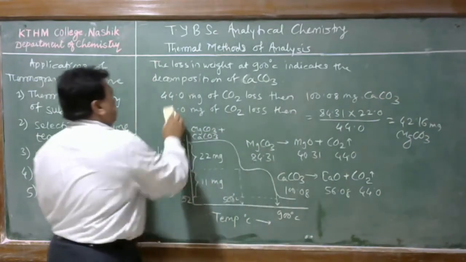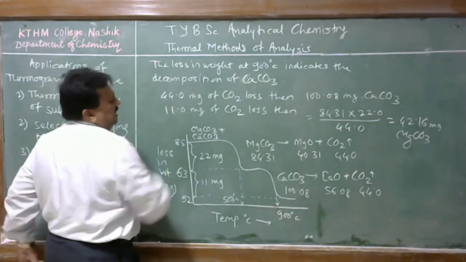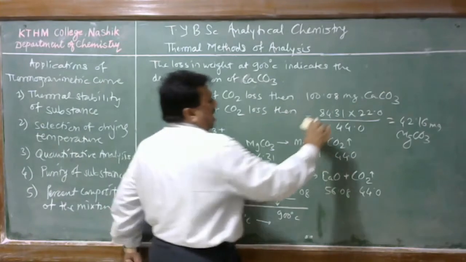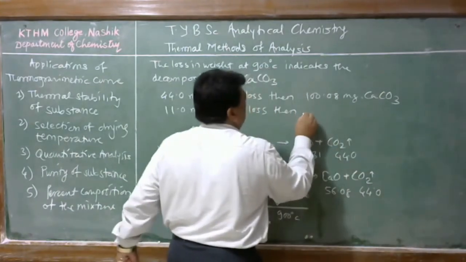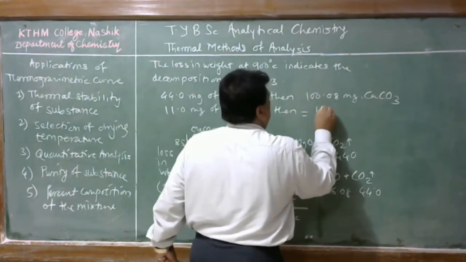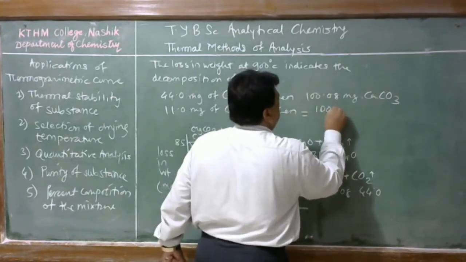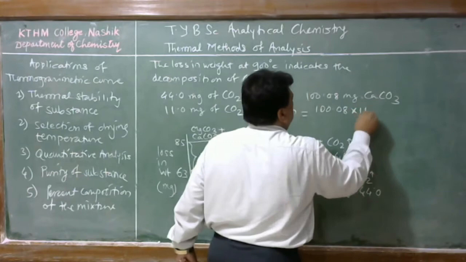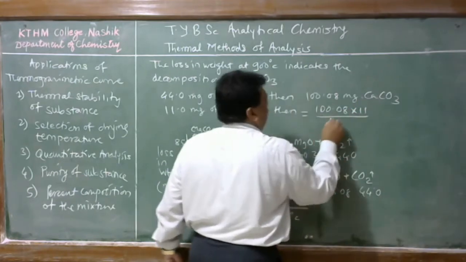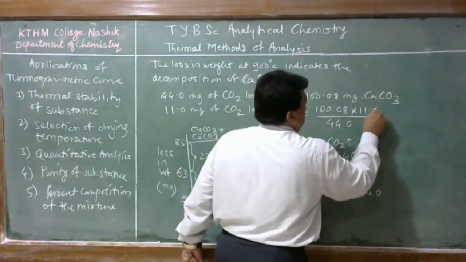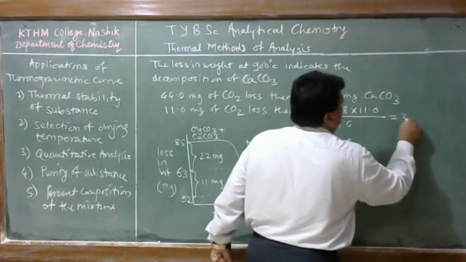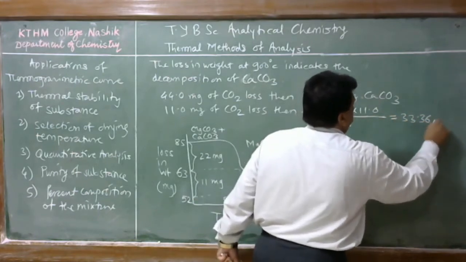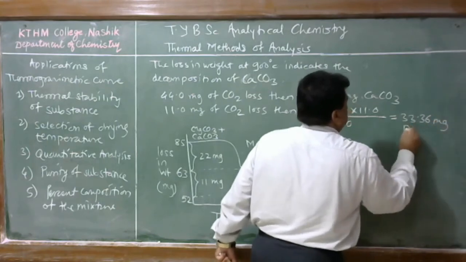And when the loss is 11 milligram, the amount of calcium carbonate is equal to 100.08 into 11 divided by 44.0. By calculation, this is equal to 33.36 milligram of calcium carbonate.